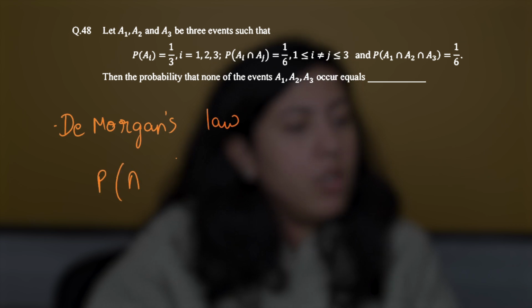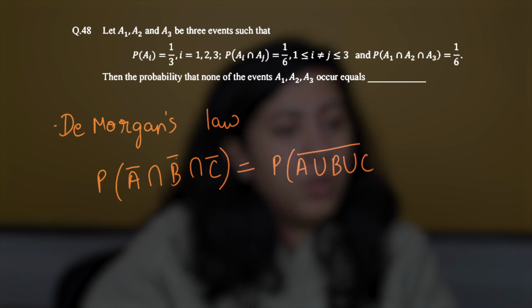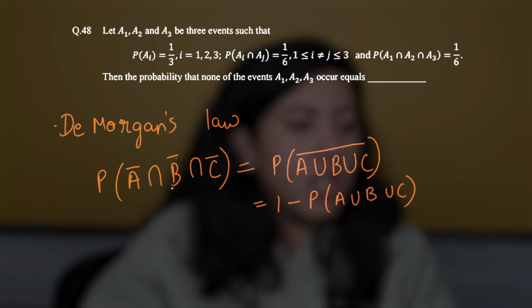The probability of A complement intersection B complement intersection C complement is actually equal to probability of A union B union C whole complement, and that can be written as 1 minus probability of A union B union C, which can be easily found using the principle of inclusion and exclusion.